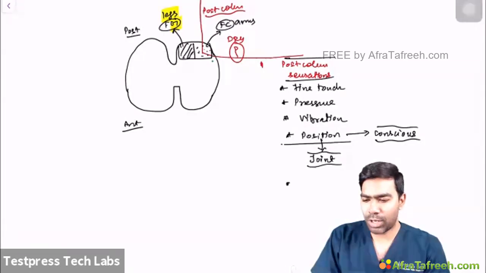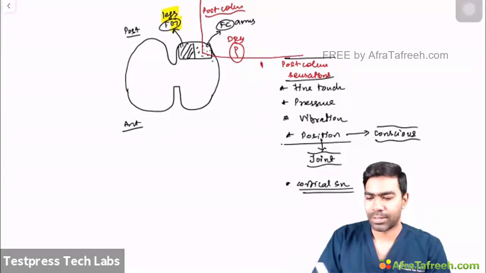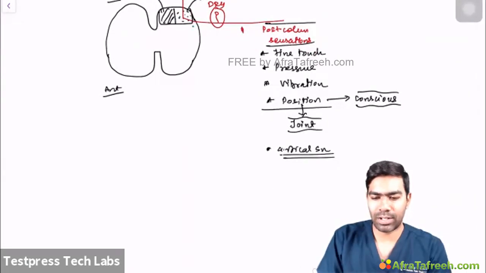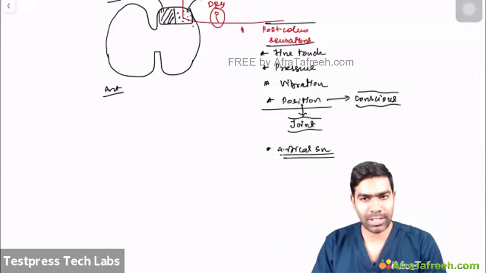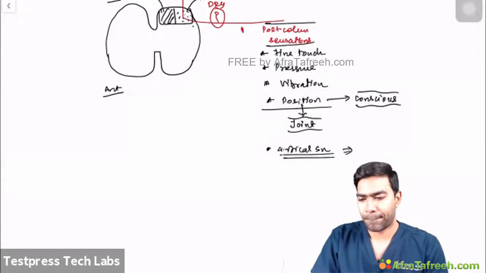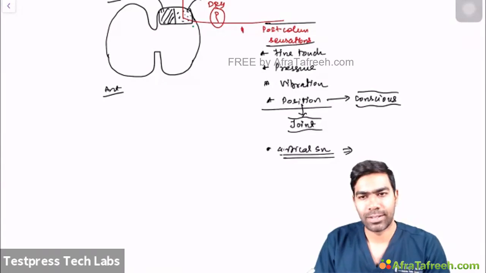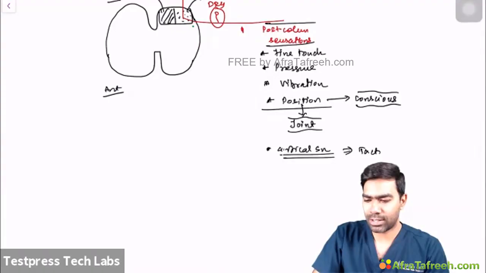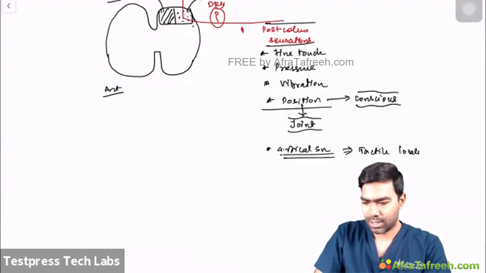And more importantly, everyone forgets that all the cortical sensations are basically carried by the posterior column only. Whatever we call cortical sensation, all of it is carried by the posterior column. And what are the cortical sensations? You have something called tactile localization.